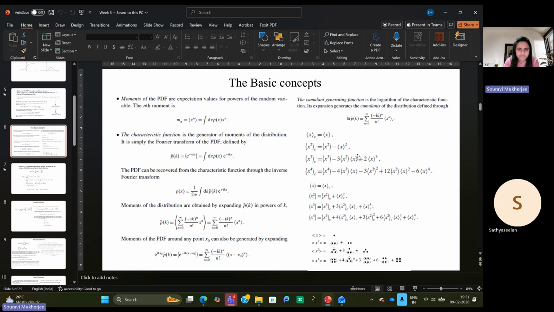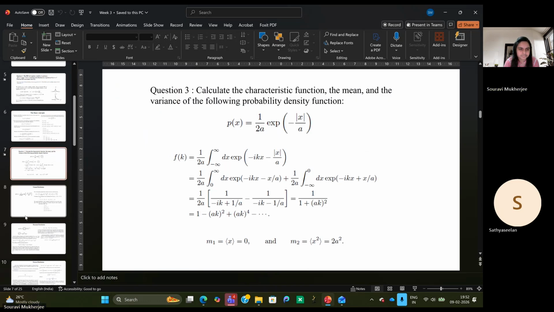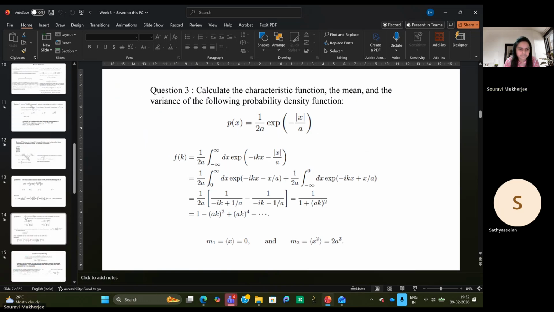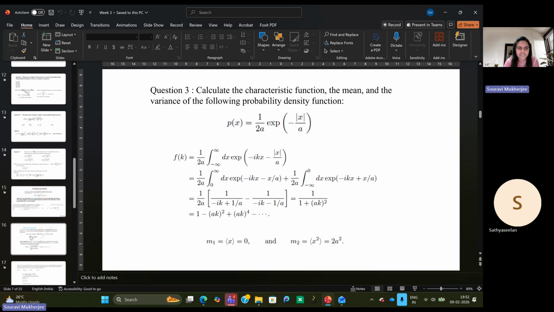Try to get used to these forms, especially the first two, three ones. And this is a very important point, the characteristic function. Whenever you have to solve integrals, be careful. In many cases, the idea of whether it's an odd function or an even function will simplify your integrations to a large extent.